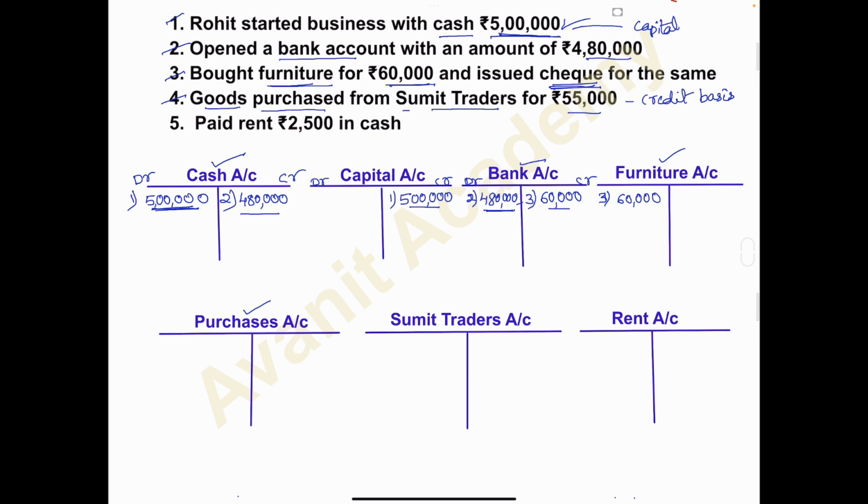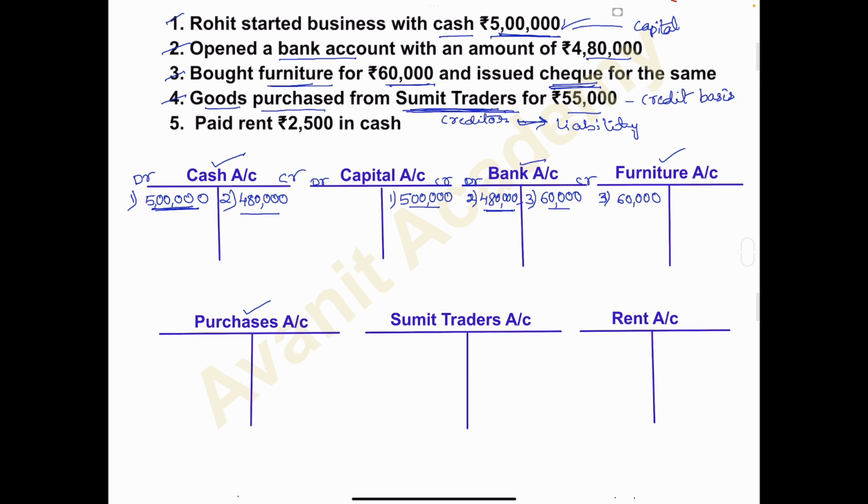Again, they have mentioned the name of the supplier. So we have to think that the goods are purchased on credit basis. In this transaction, goods are purchased from Sumit Traders. So Sumit Traders is a creditor, and a creditor is a liability. Correct?